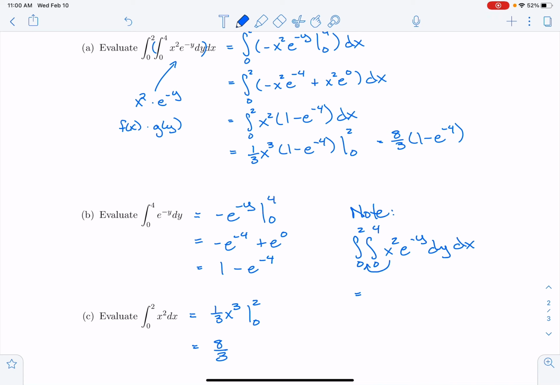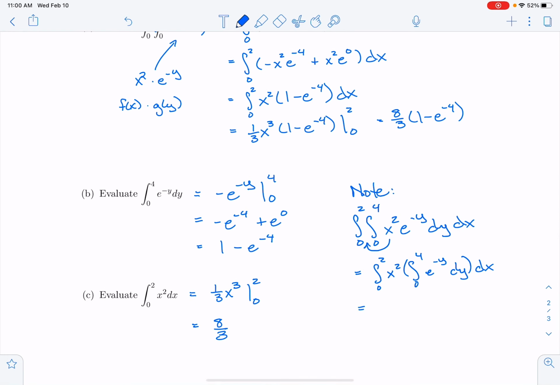And so what happens here is we really get the integral from 0 to 2 x squared, integral from 0 to 4 e to the minus y dy dx. Okay, but then the integral of e to the minus y dy, well, from 0 to 4, that's just a constant. And so that can be pulled out of the x integral. So what we really have is the integral from 0 to 2 of x squared dx times the integral from 0 to 4 of e to the minus y dy.